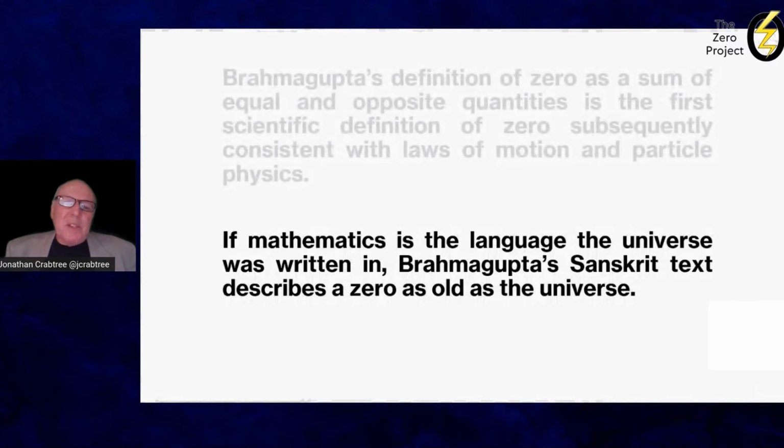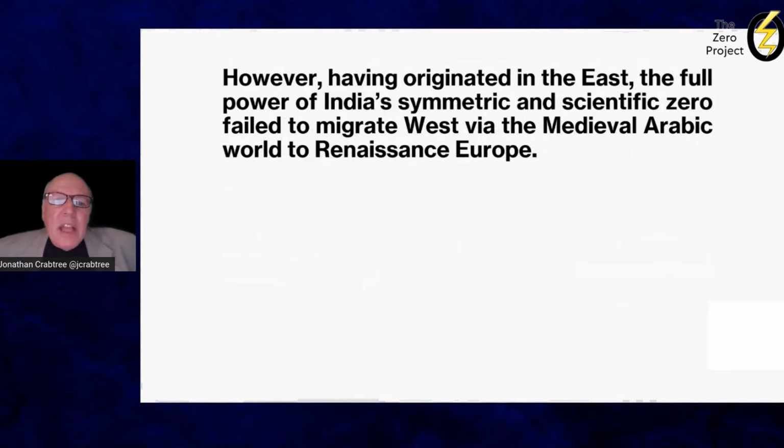If mathematics is the language the universe was written in, Brahmagupta's Sanskrit text describes a zero as old as the universe. However, having originated in the East, the full power of India's symmetric and scientific zero, and I say scientific because the Indians were astronomers, failed to migrate west via the medieval Arabic world to Renaissance Europe.